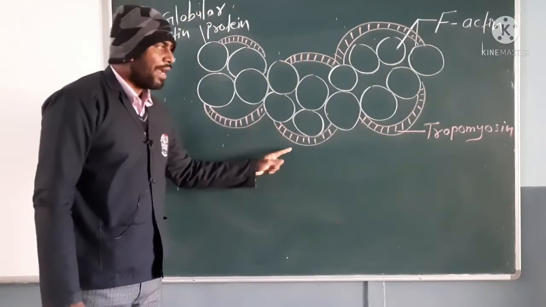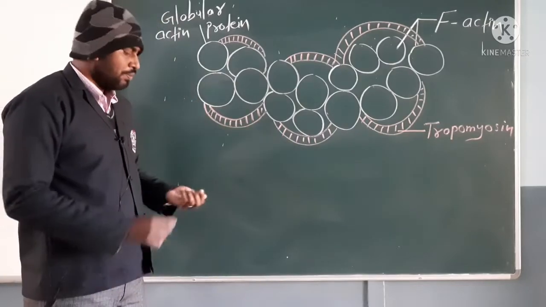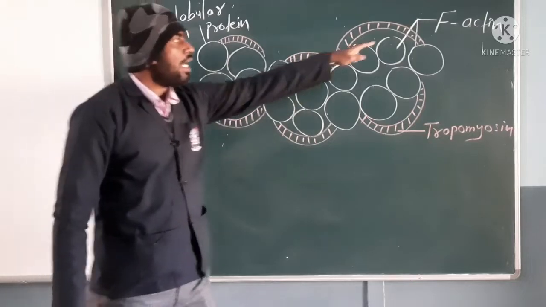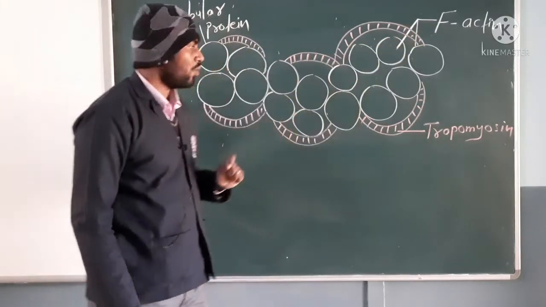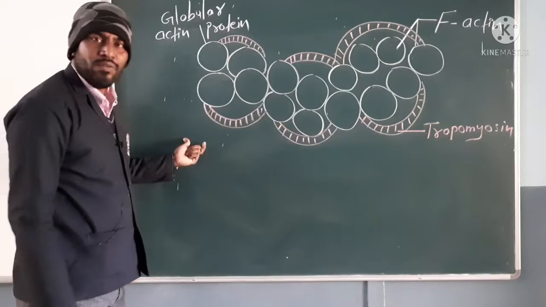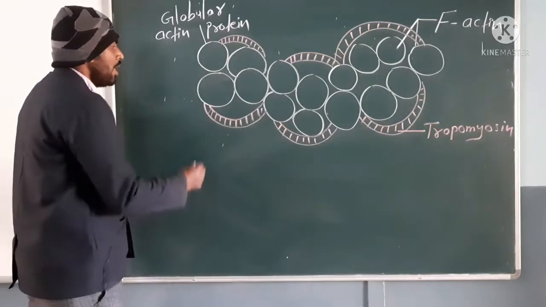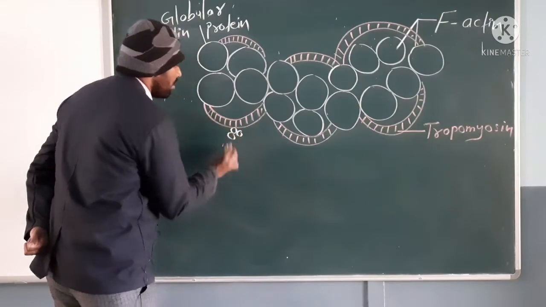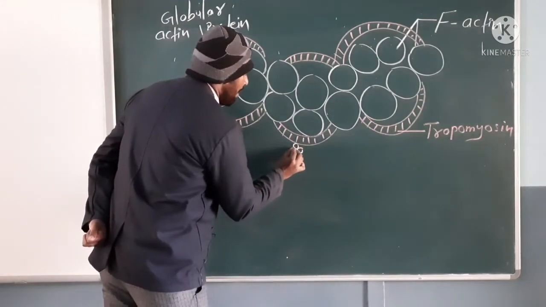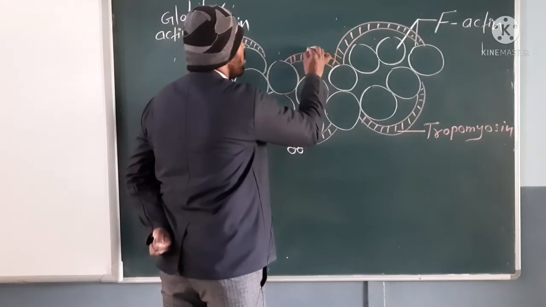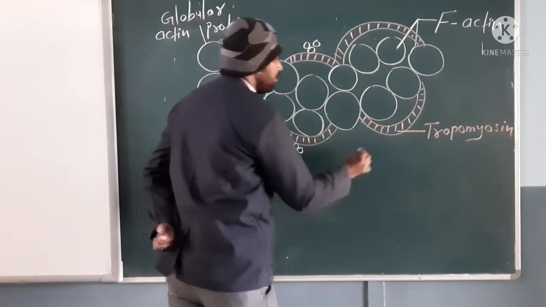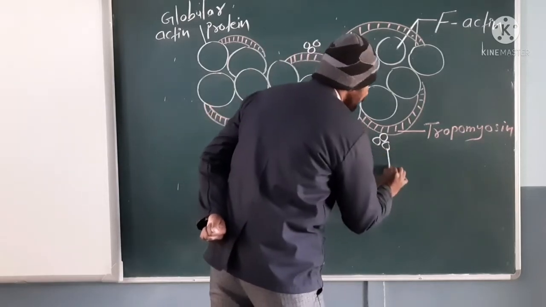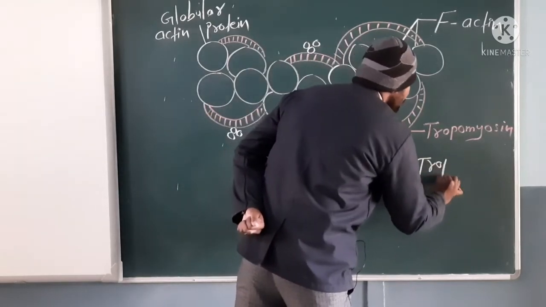Okay, tropomyosin. These two strips also run throughout the length of F-actin chains, in a single filament of actin we are talking about. And one more special protein is distributed at a regular interval on tropomyosin, and this special protein is called troponin.